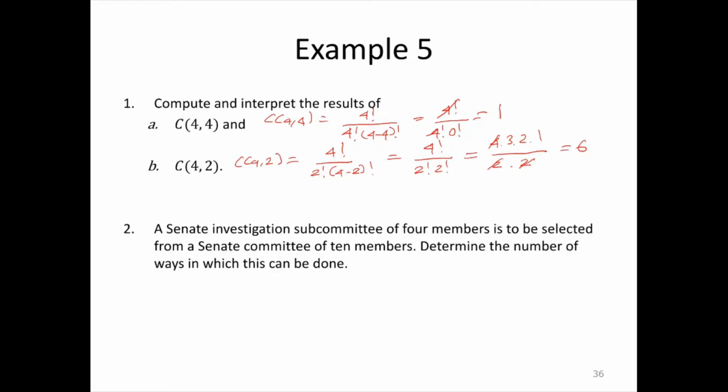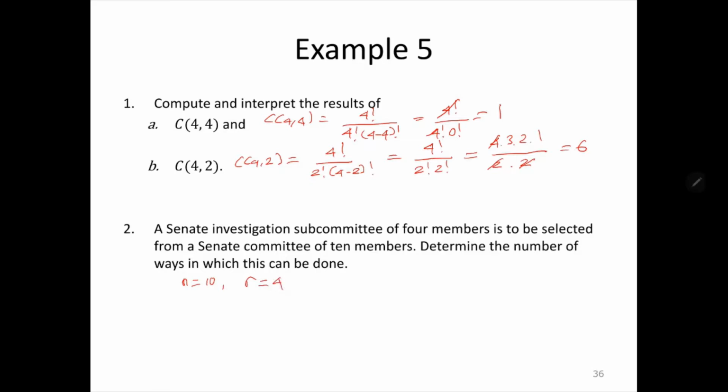So order, of course, is not important. So how many members do we take the selection from? 10 members. So n is equal to 10. What about the R? How many should we take? We take 4 members.